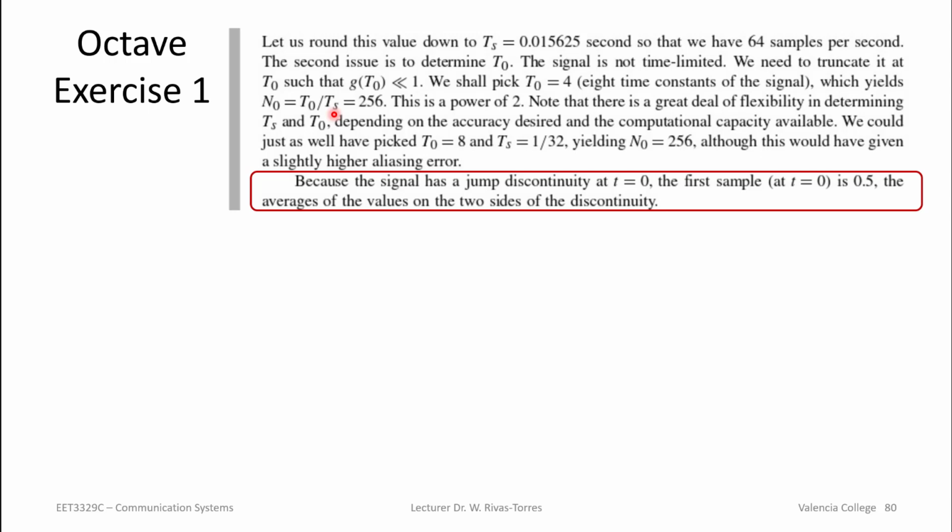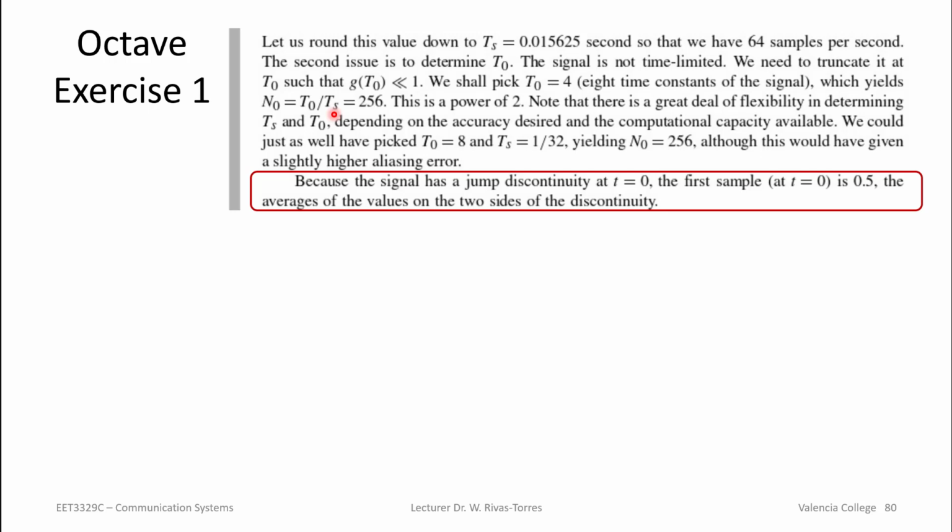Now the author does this a lot, and what they do is, anytime you have a discontinuity, and I discussed this in an earlier example, I think it was on lecture 2. Whenever you have a discontinuity, like a pulse or the U of t function, which we're using here, at t equals 0, what do we do there?